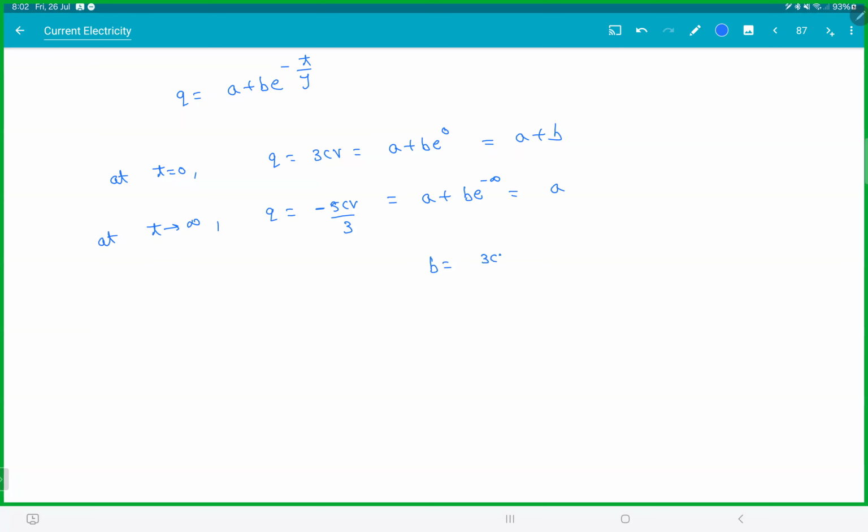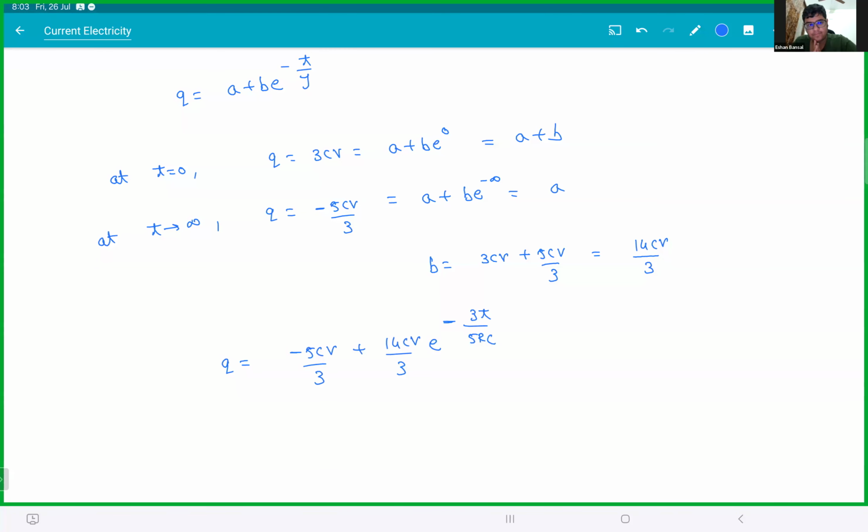So B would be 3CV plus 5CV by 3, 14CV by 3. Interesting. I hope that is right. Done. So Q is equal to minus 5CV by 3 plus 14CV by 3 e to the power of minus 3t by 5RC.